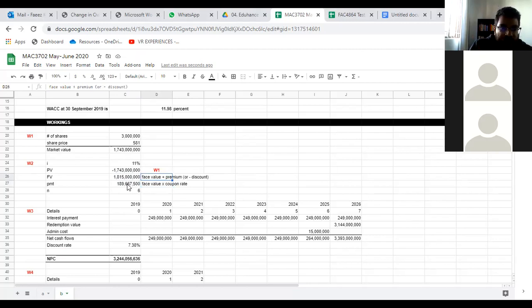So I just said future value times coupon rate. You can't simply say PMT is equal to face value. You must have a look at what the future value is. If the future value is only the face value, then you can say equal to that.